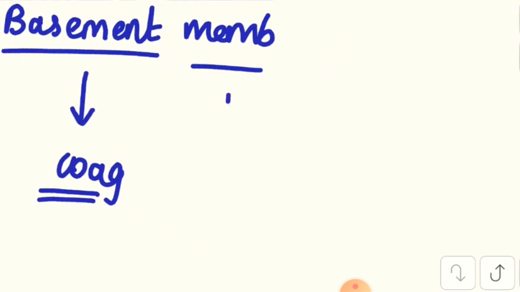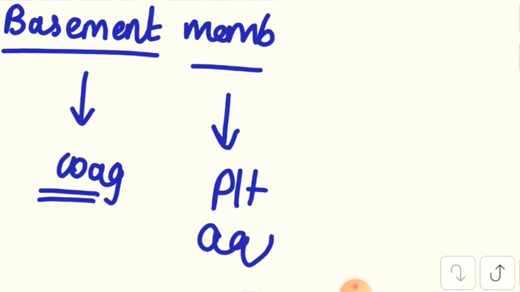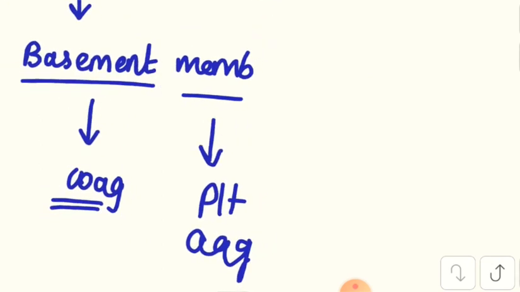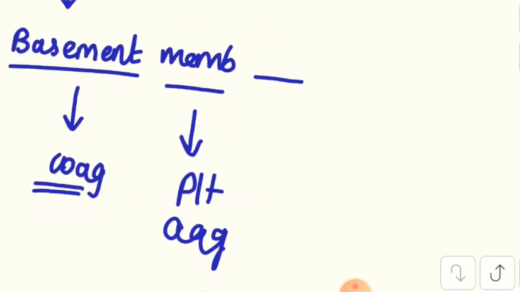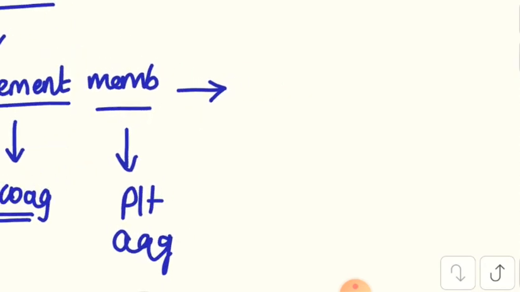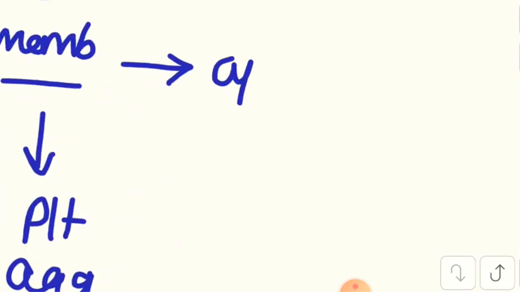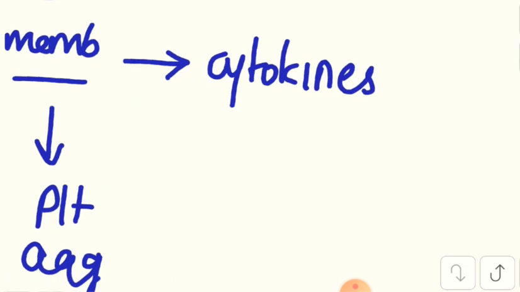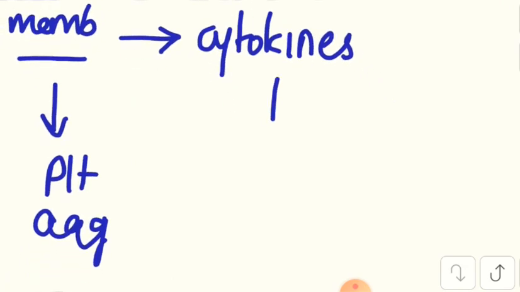And it leads to platelet aggregation, and exposure of the basement membrane leads to release of various cytokines which trigger inflammation. And once inflammation is triggered, what does it do?